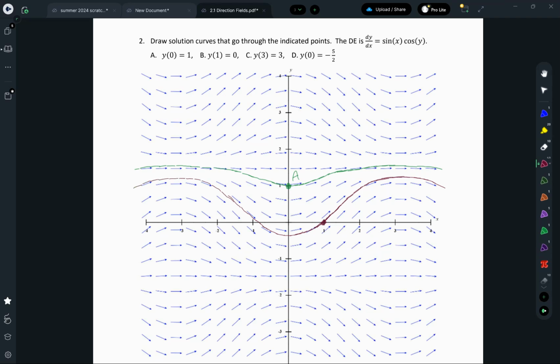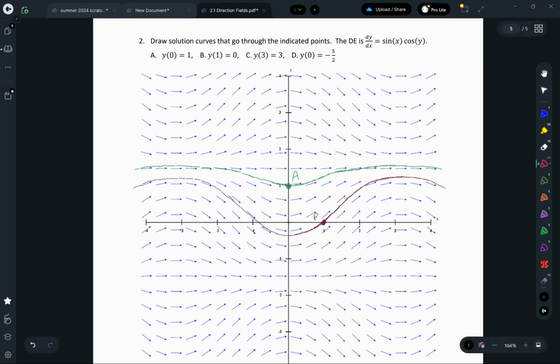So very symmetric. I have to admit, I accidentally almost got that symmetric. These are really hard to draw. It's not about perfection again, okay? But we should see some sort of symmetry in our solution curve, given that the flow of the direction field is quite symmetric.